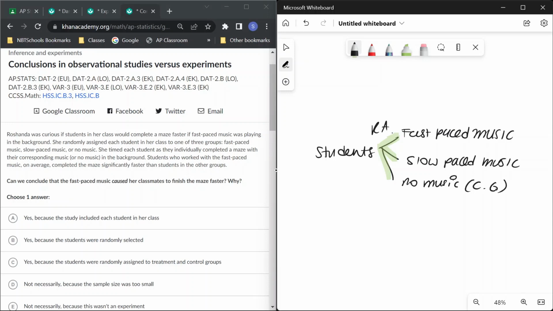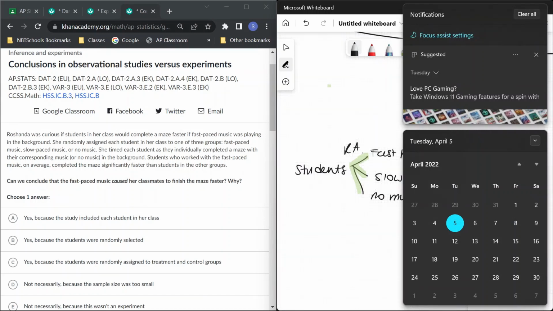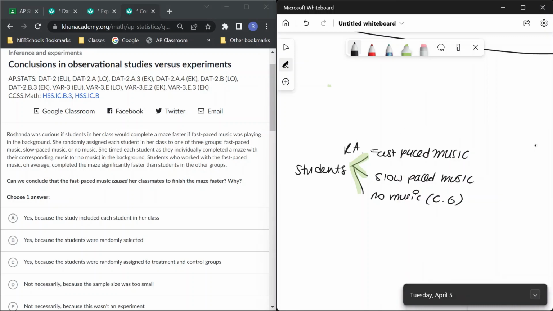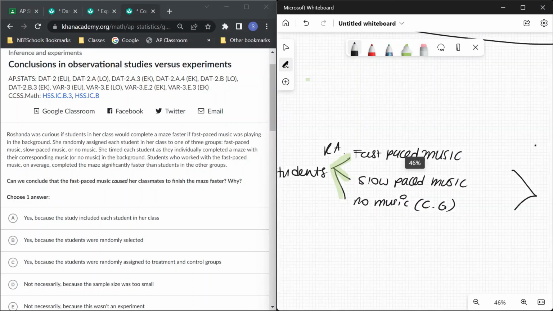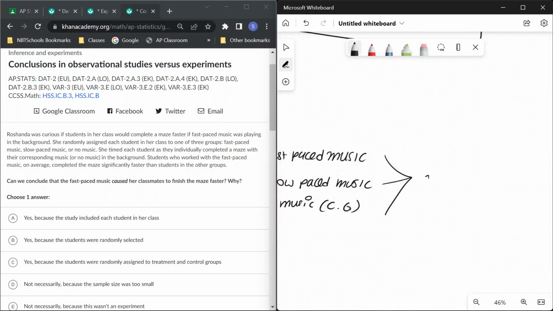So, the results. You would compare results, or like who completed the maze faster.